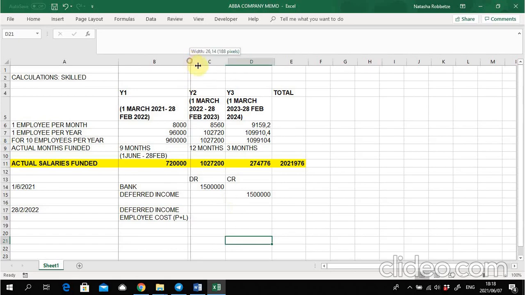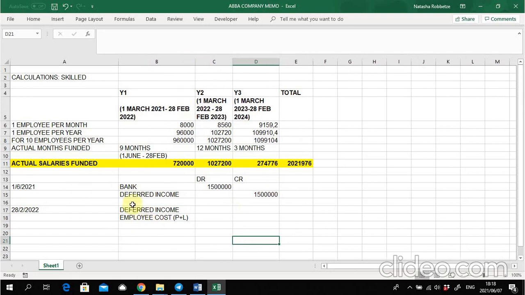And this is now where my yellow part comes in. I now need to go and determine of this 1.5 million, how much can be written off against the employee cost. And the amounts that I have highlighted in yellow will be the determining factor or the weighing factor of how this 1.5 million is distributed.